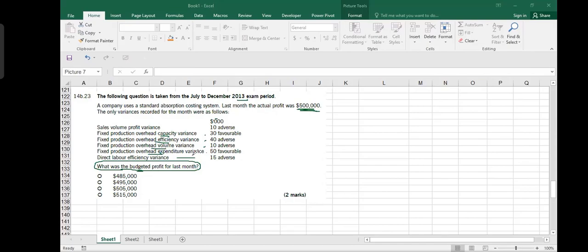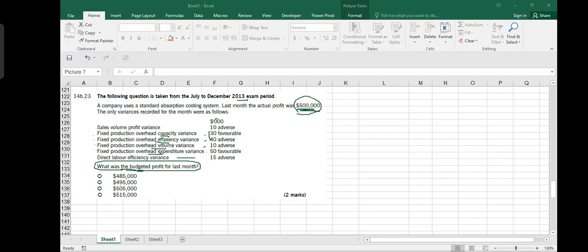Now that's again a very typical question like before. You should find out the budgeted profit, which means how much you actually planned for. You have been given the actual one. We'll do it the same way like we did before, but you should pay attention that there are many fixed overhead variances, and this will confuse you.